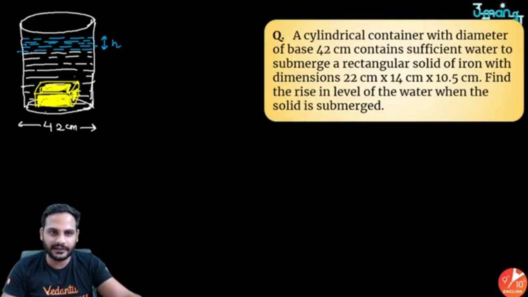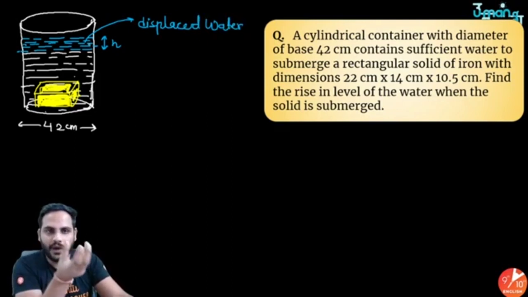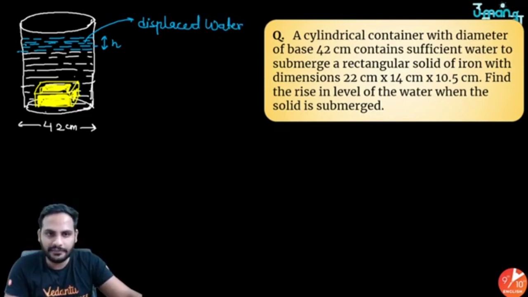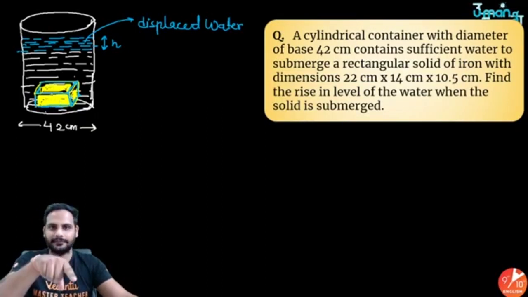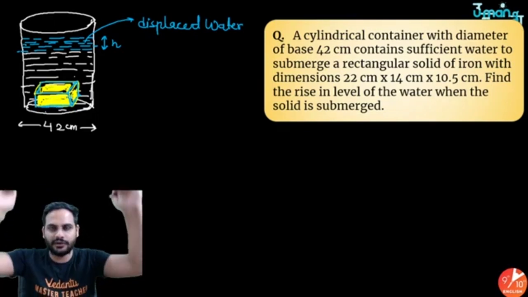So I can clearly say, sir, whatever is the quantity of this displaced water, this quantity of displaced water can be exactly fitted at the place of this box, because this displaced water, the water which has risen up, was earlier where the box is. Since the box has come there, water has been displaced from there and the water level has risen.